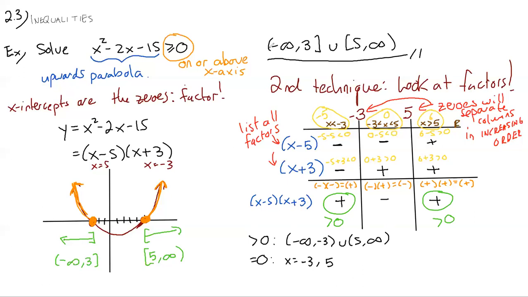So we just use that negative 3 and 5 to close up those two interval ends. So our whole solution set here will be negative infinity to negative 3 combined with 5 to infinity.